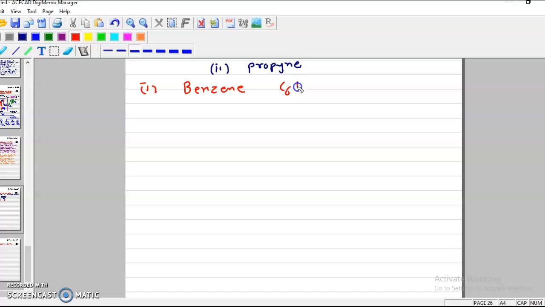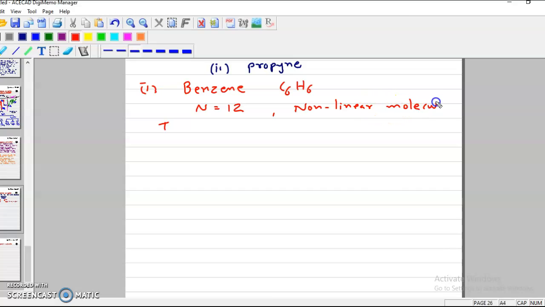Molecular formula of benzene is C6H6. So N is equal to 6 carbons, 6 hydrogen, 12 atoms. So N will be 12 for benzene. And benzene is a non-linear molecule because all atoms are not in one line.